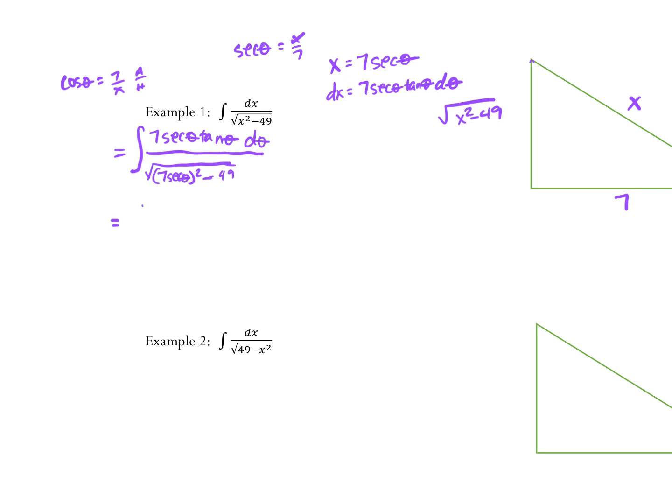We just take everything out of the square root. Not until we rewrite it. So on top I have 7 secant theta tan theta d theta. And on the bottom I have the square root of 49 times secant squared theta minus 1.